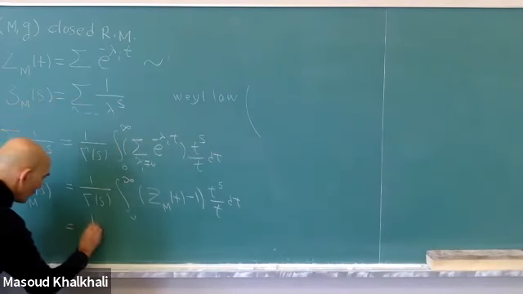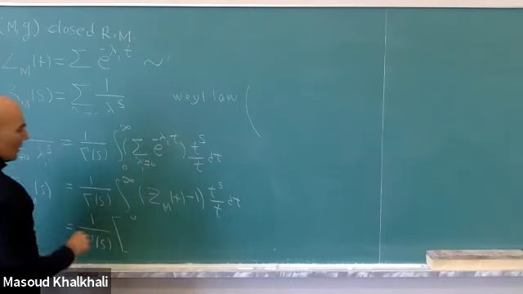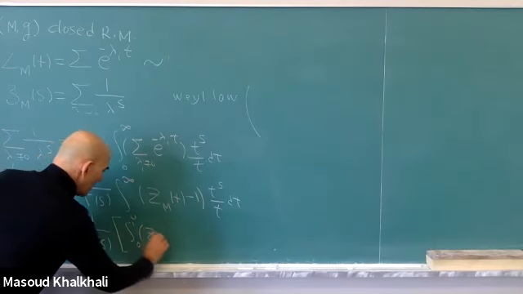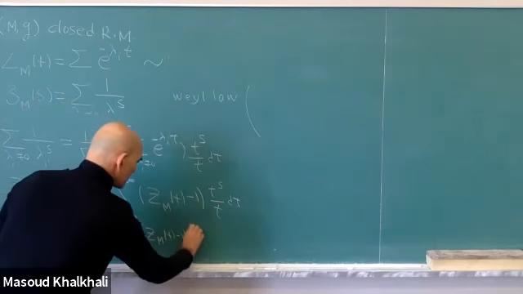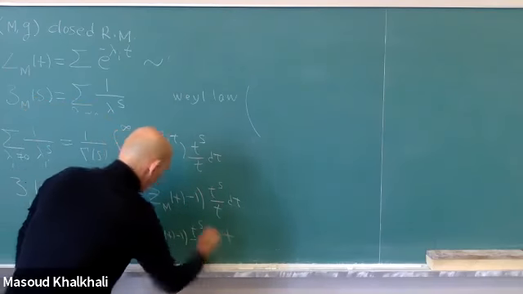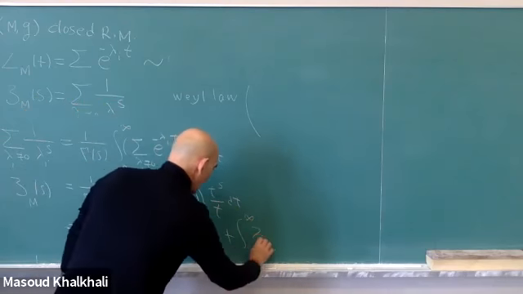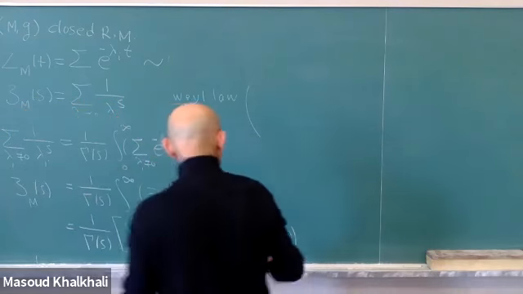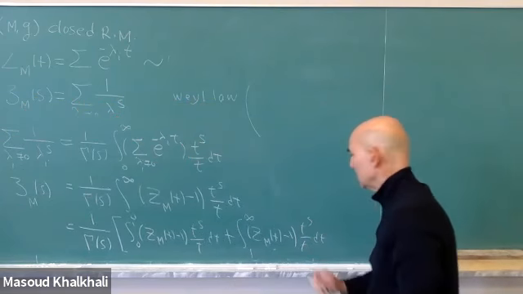So this is equal to 1 over gamma s, so there is the integral from 0 to 1, Zm(t) minus 1, t to the power s over t dt, plus the integral from 1 to infinity, Zm(t) minus 1 times t to the power s over t dt.